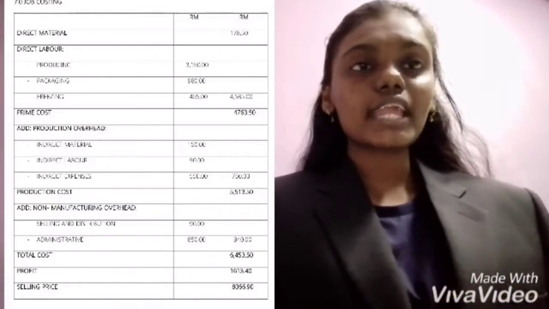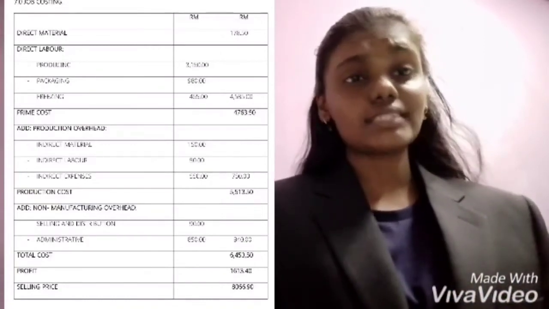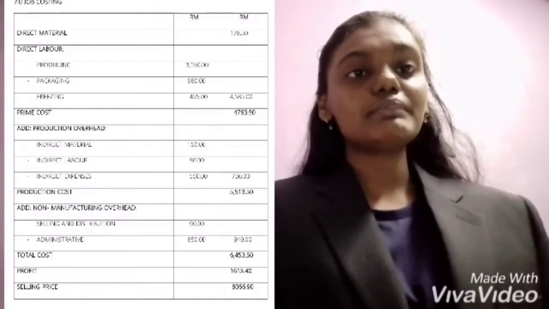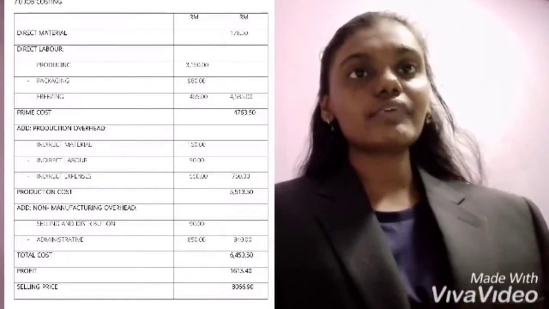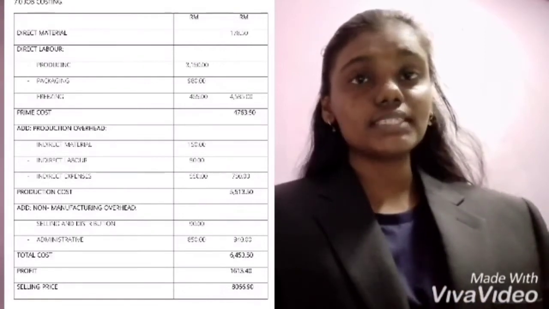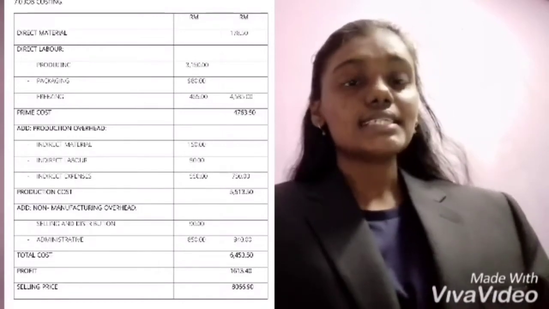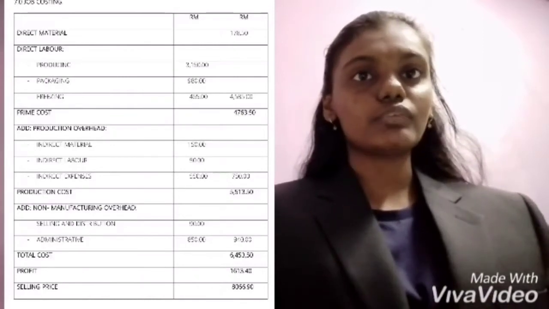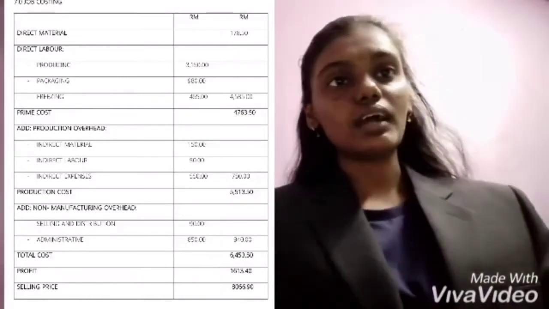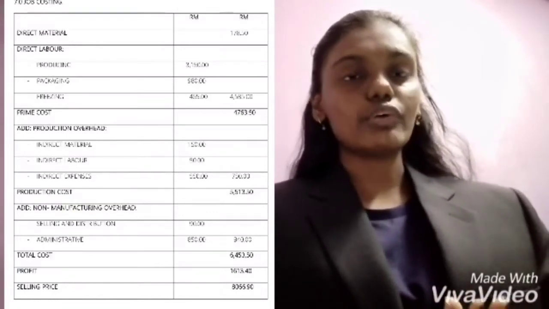The second point under non-manufacturing cost is administrative expenses. Administrative expenses are expenses that an organization incurs that are not directly tied to a specific function, such as manufacturing, sales and promotion. These costs are not allocated to the product for determining the cost of inventory or the cost of goods sold.